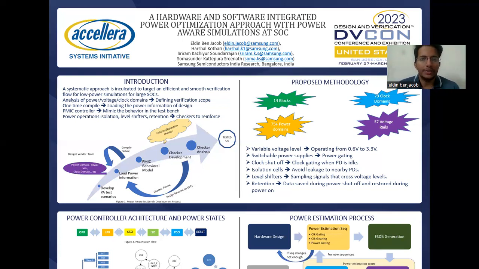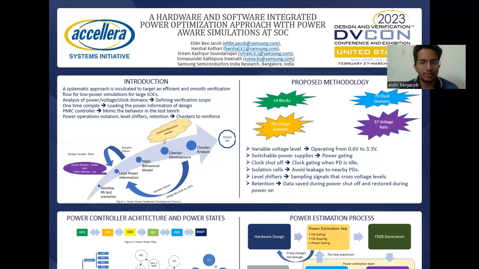Now, regarding the particular design that we are considering, we have almost 14 blocks. We have 79 clock domains, 75 power domains, and also 37 power rails, which are connected to the different power sources.